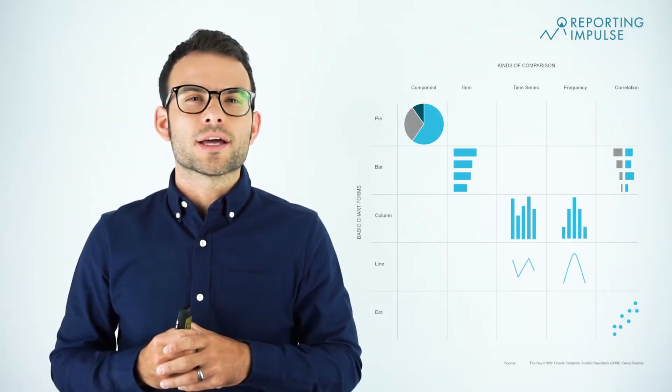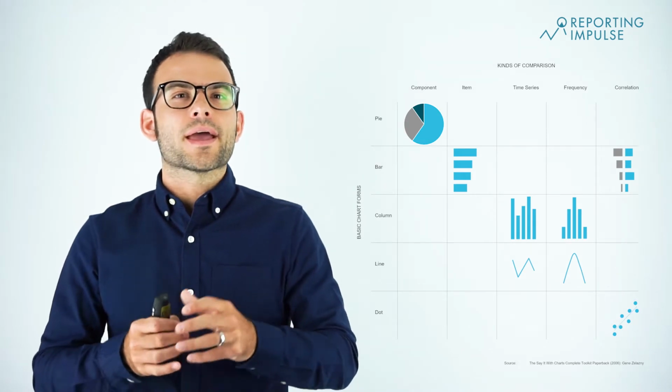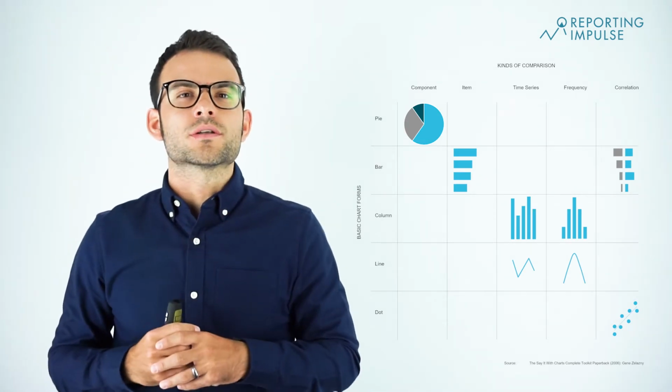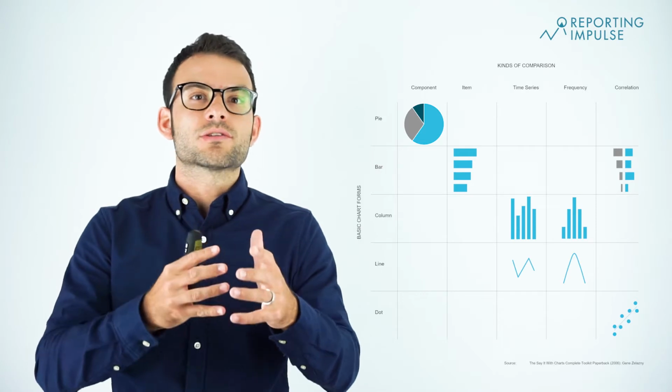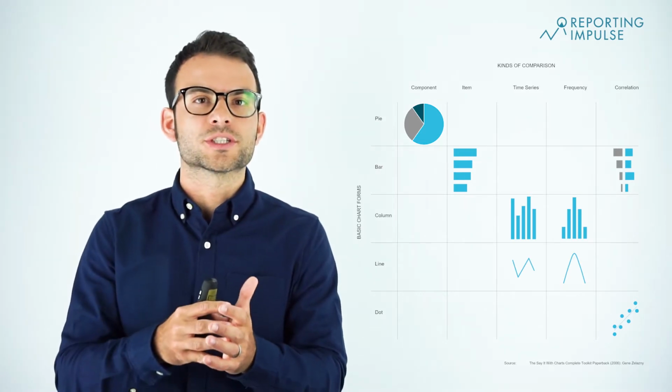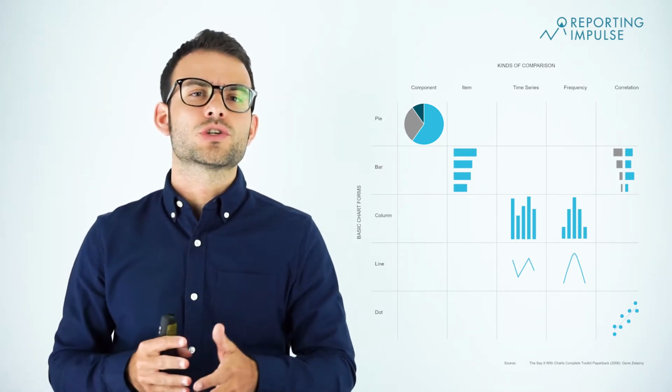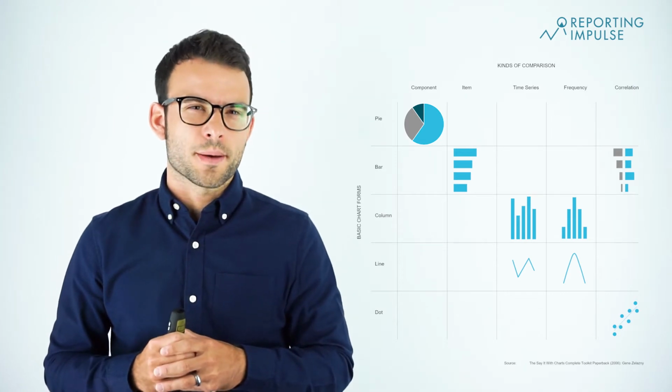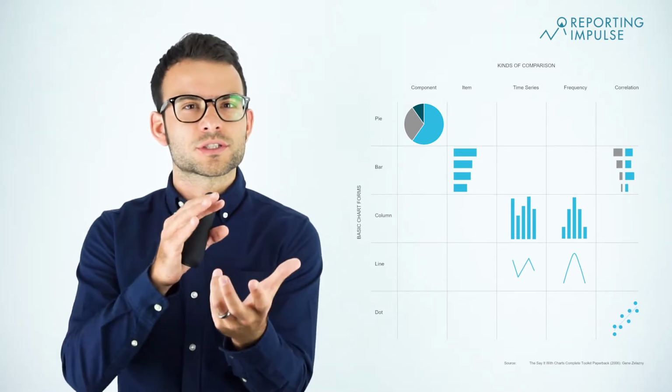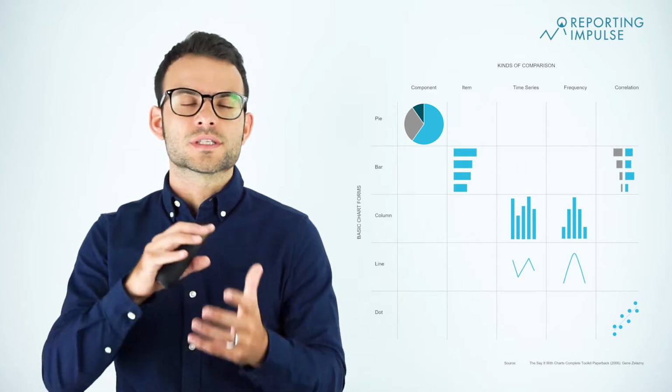What is the message we'd like to deliver? Based on that, we need to select our diagrams, and then it is really helpful. That's why I just provided this overview here. For the component comparison, where you would like to have the part-of-a-whole comparison, it is very beneficial to go for a pie chart, really to see the components in relation to each other.